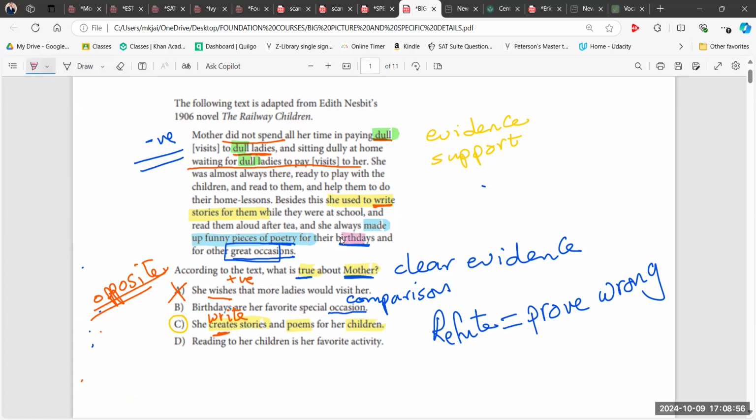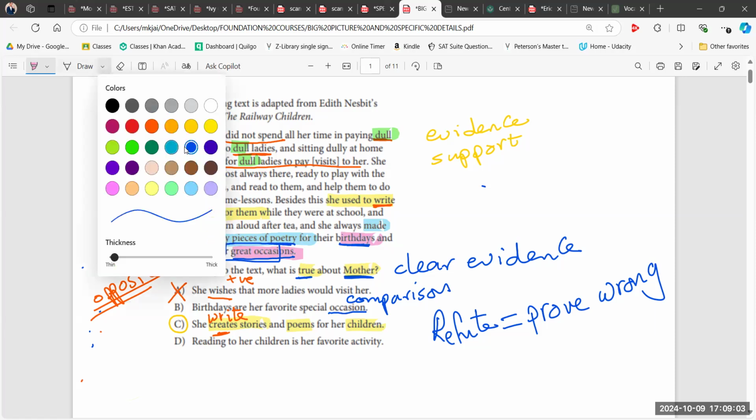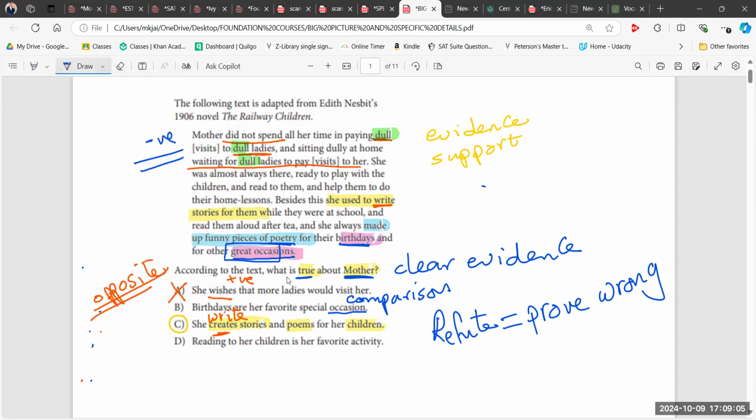So birthdays, great occasions. Are they her favorite occasions? No, it says great. But favorite, what does it mean? There is a kind of comparison between birthdays and other occasions. Do I have this kind of comparison? No comparison being made. So I can easily say why it's incorrect.